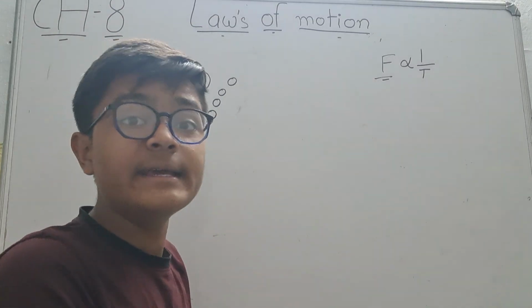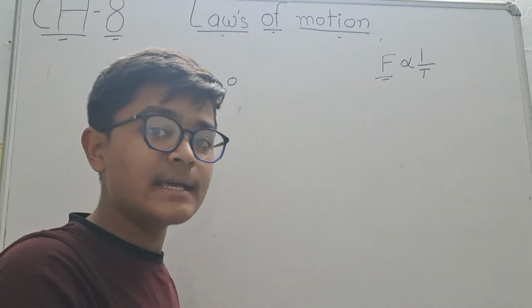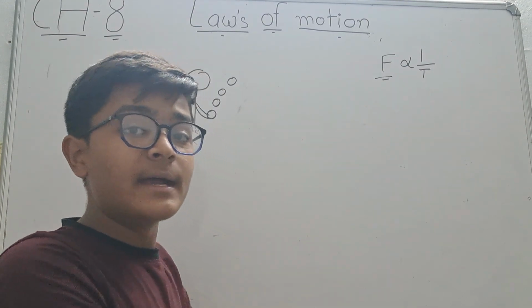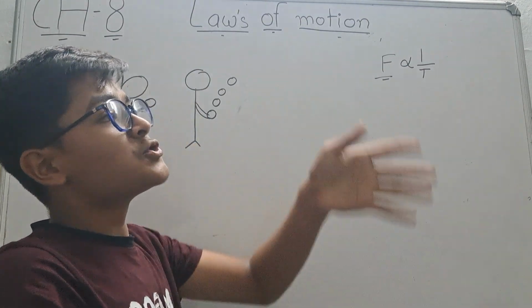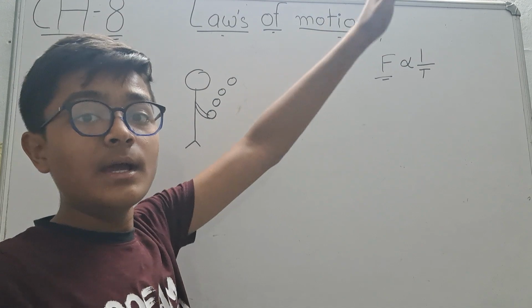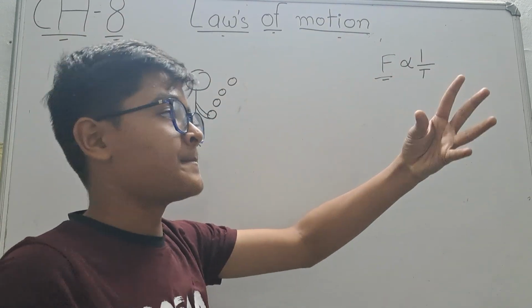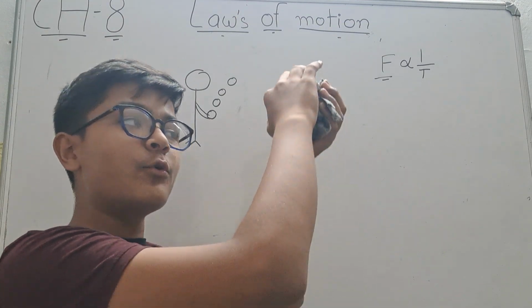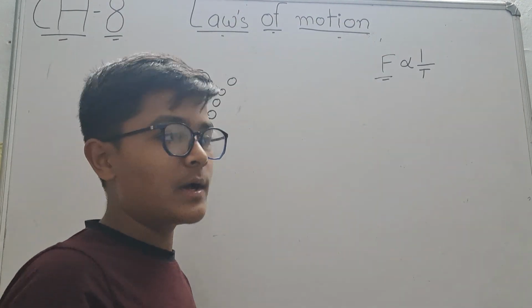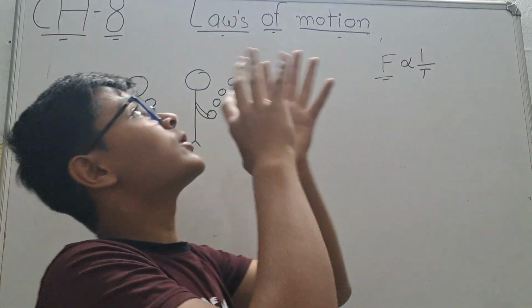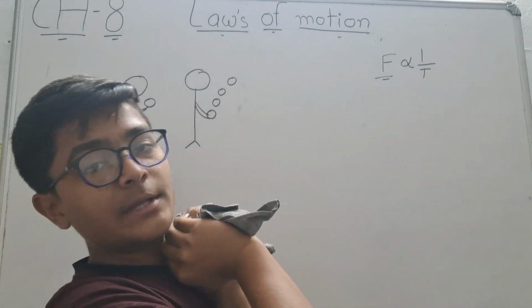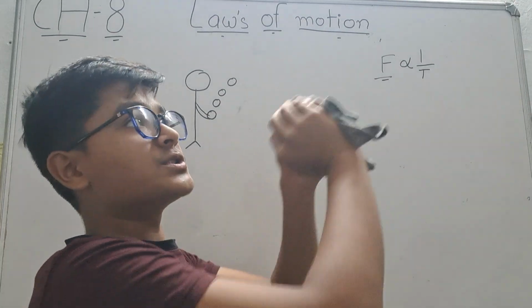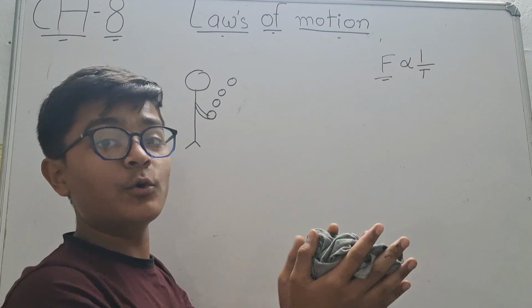If the time is less, the force will be more. And if the time is more, then the force will be less. When a ball is coming and I catch it directly over here, I will get hurt because momentum is more, so force will be more.